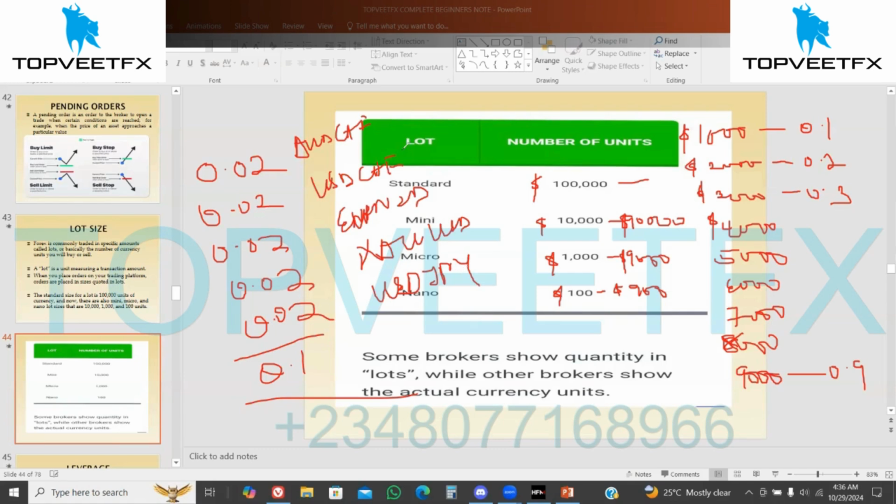Then, if you said you are using 0.1, 0.1, 0.1, 0.1, 0.1, if you add all these together, it already amounts to 0.5. And that is what equity is. That is a $5,000 equity.